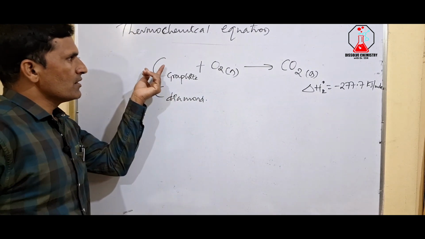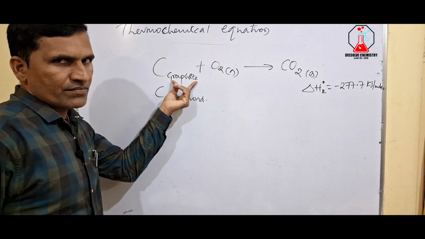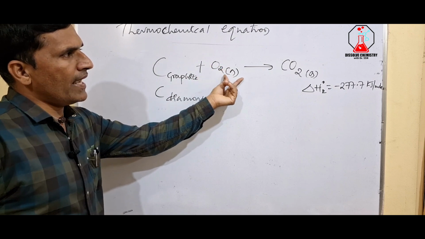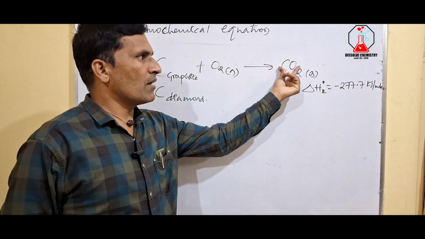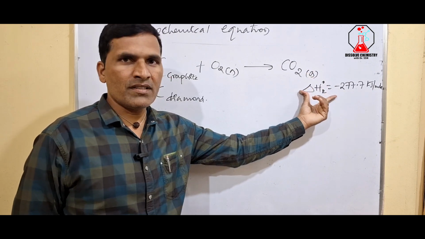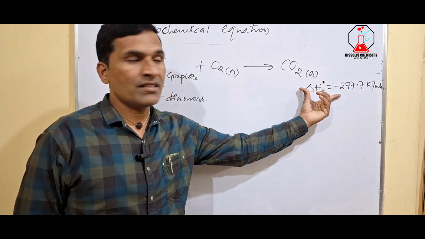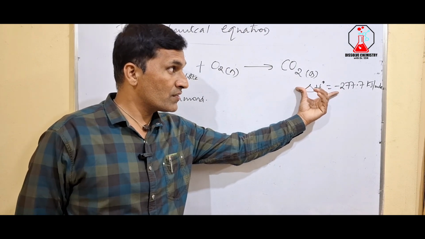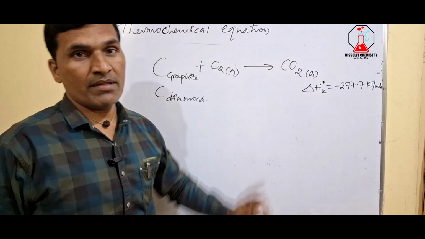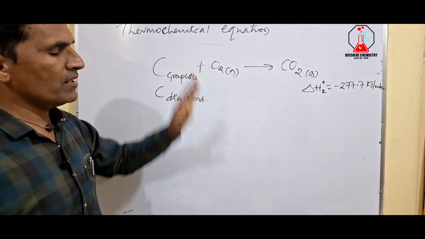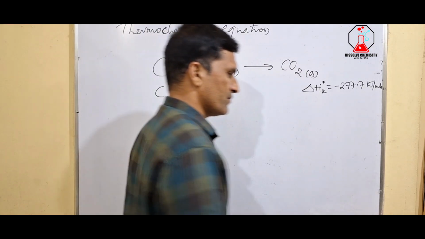Here we have written carbon graphite solid and dioxygen gas, and it is going to give carbon dioxide gas. Along with that, what have we mentioned here? The change in enthalpy during that reaction. If you mention it along with this, then it is said to be a thermochemical equation. Okay. So I hope you have understood what is meant by thermochemical equation.